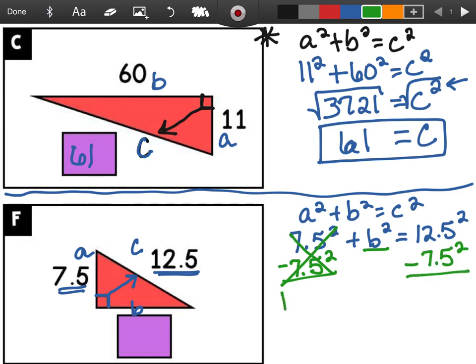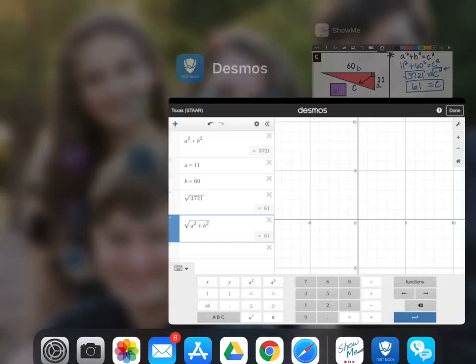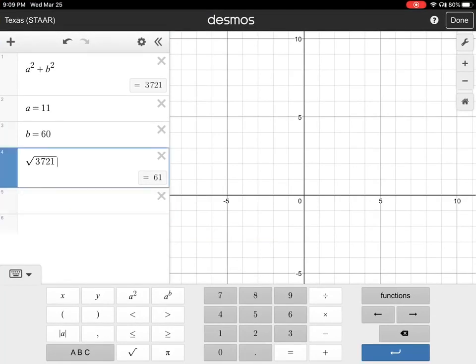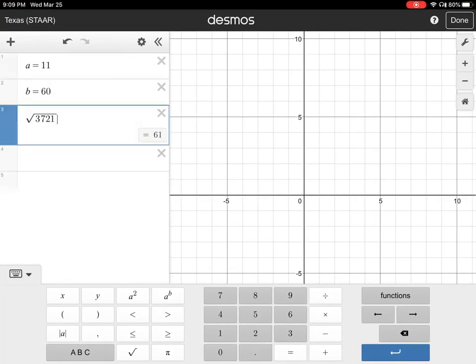And I'm going to rewrite my formula. So b squared equals 12.5 squared minus 7.5 squared. Okay, so go back to your handy dandy calculator. Going over to Desmos, I can get rid of this.